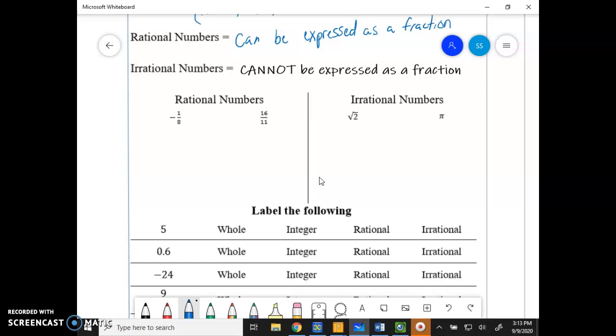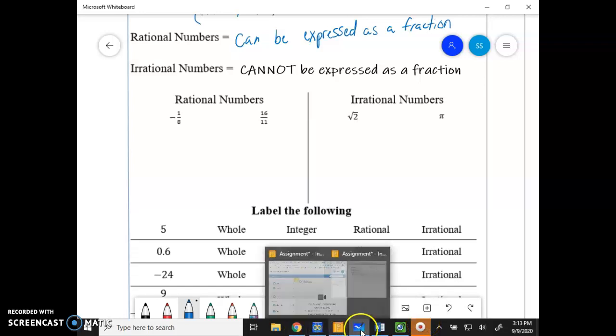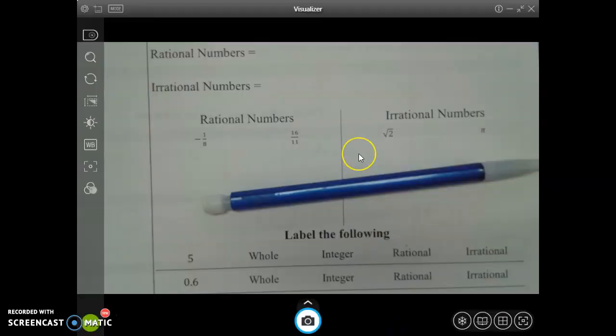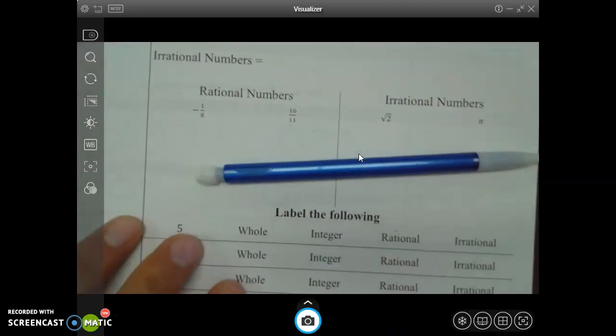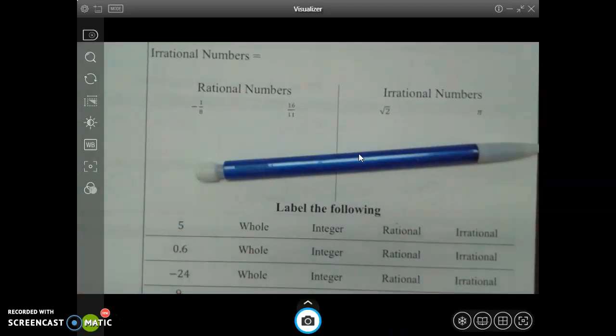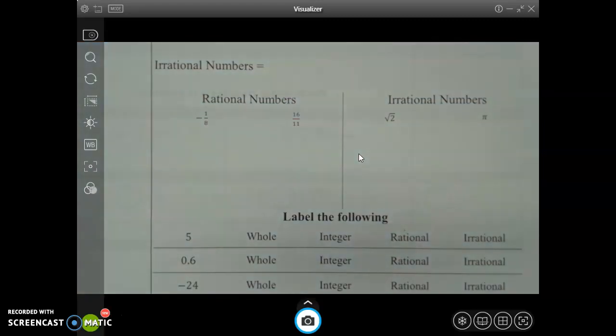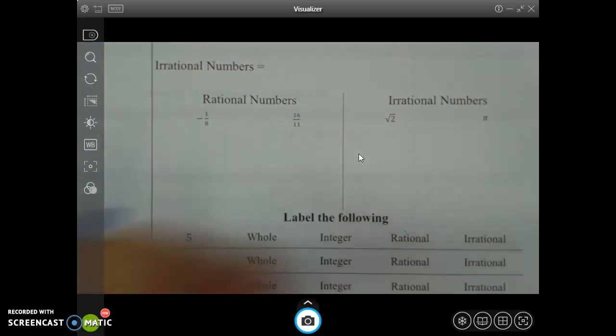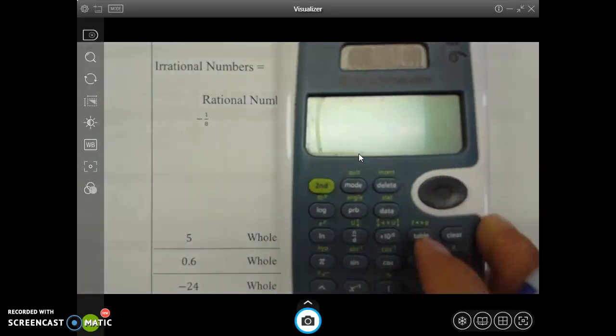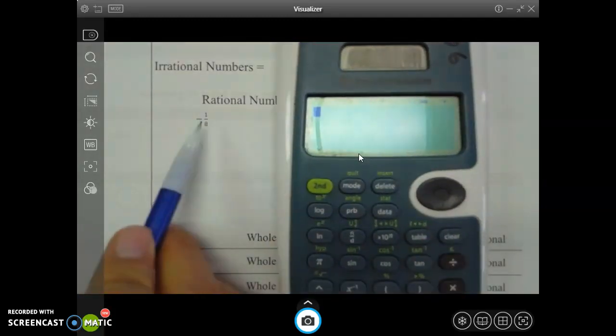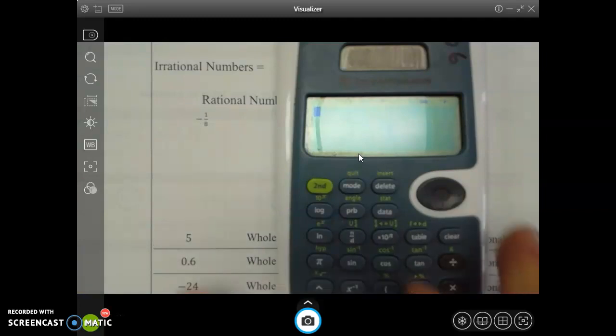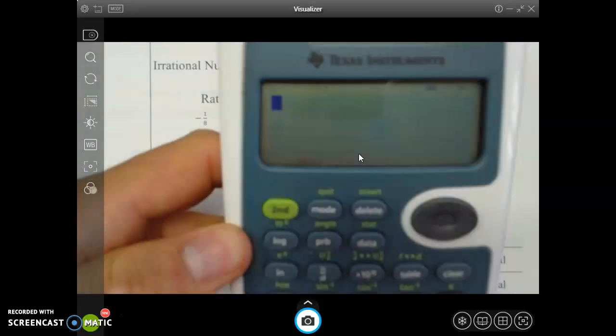Okay, and I am going to switch on over to a different view because I want you guys to see my calculator for this. Another way to look at this is rational numbers terminate, and what we mean by that is if I were to convert this -1/8 into a decimal, I can do that 2 ways.